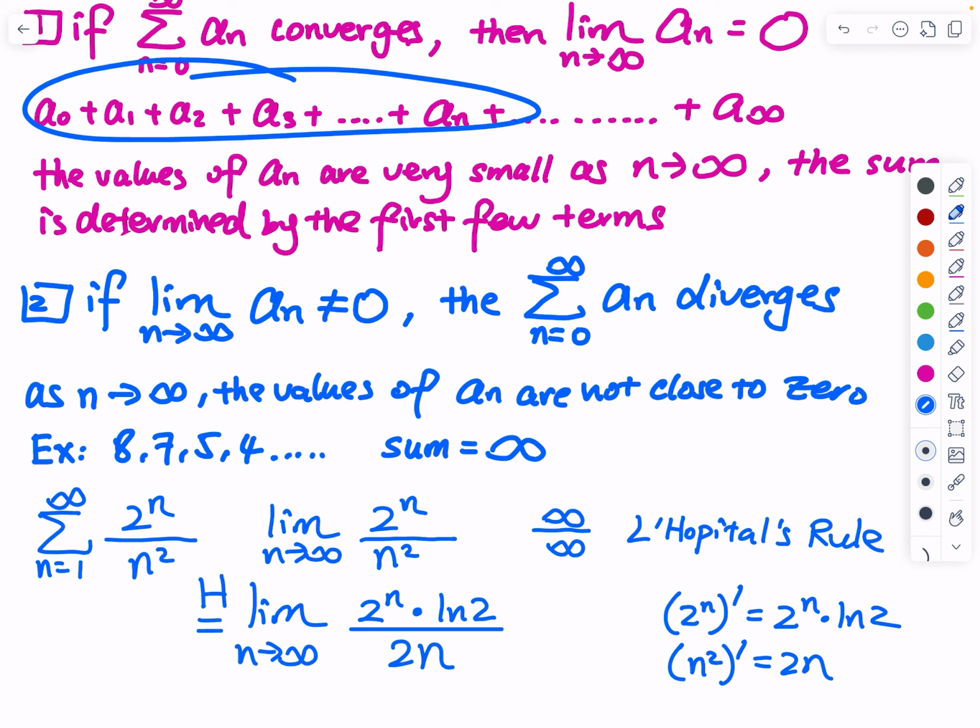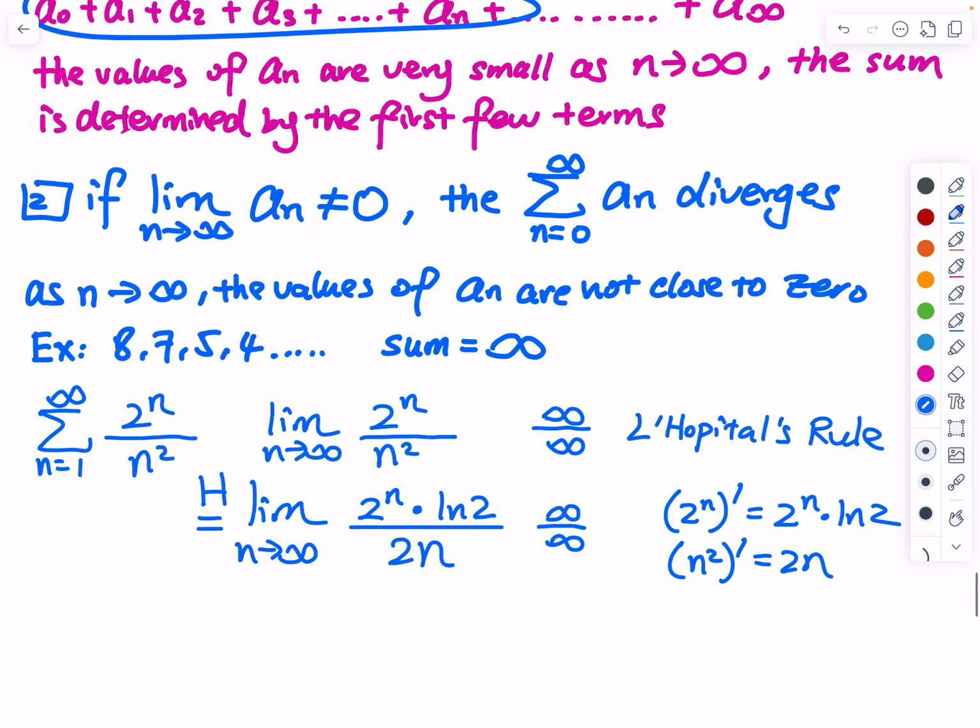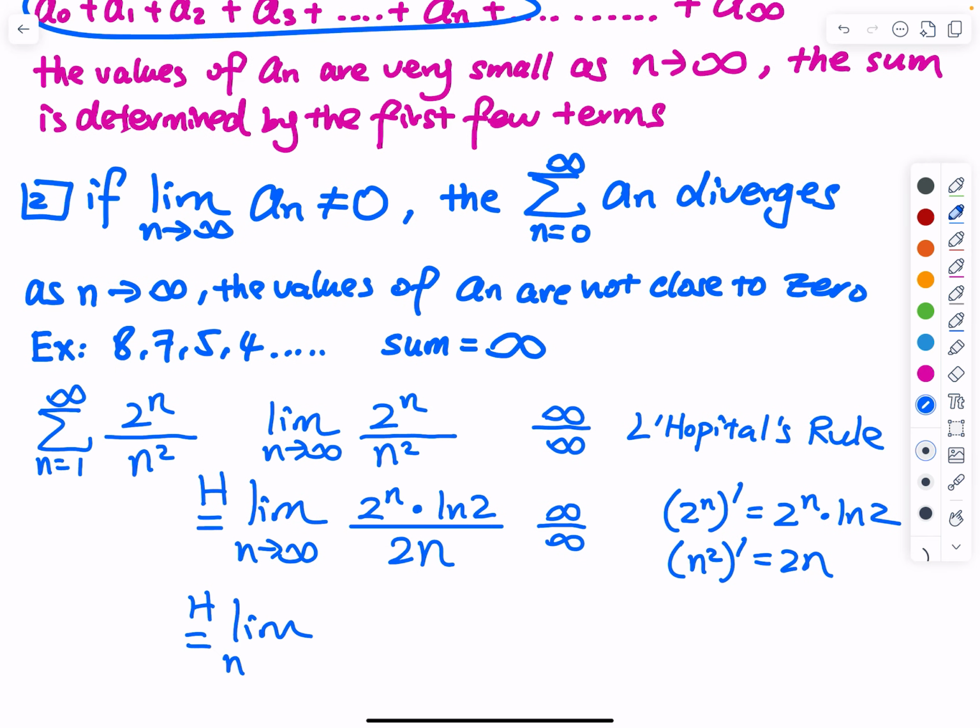That's all. Do we still have infinity over infinity? Yeah, we still have infinity over infinity. That means we will need to apply L'Hopital's rule again. So that is the limit as n approaches infinity of 2 to the n times ln 2 again, plus we already have an ln 2 from the previous L'Hopital's rule, and then the derivative of 2n is equal to 2.